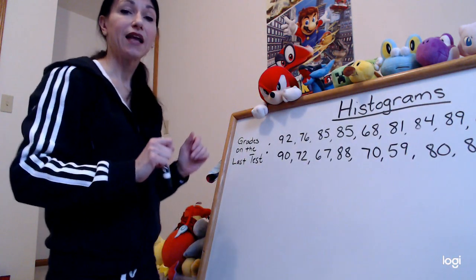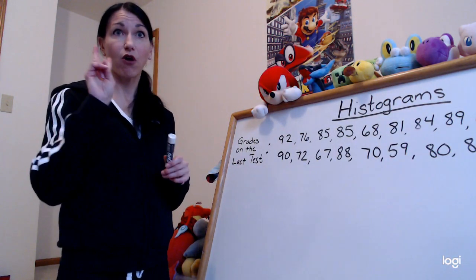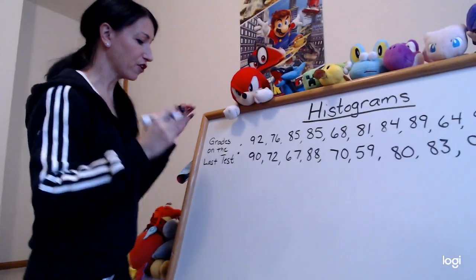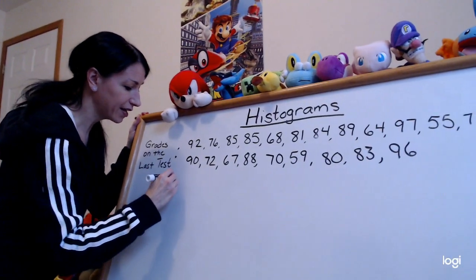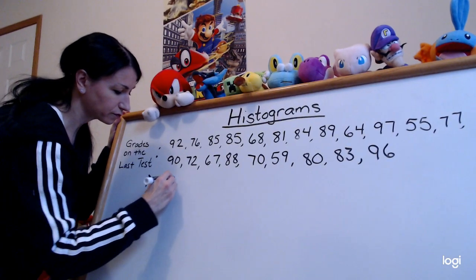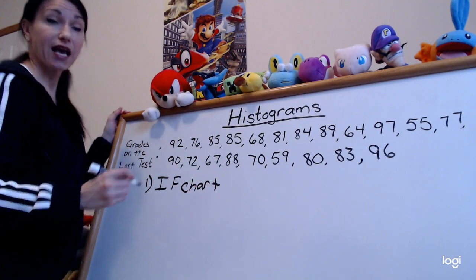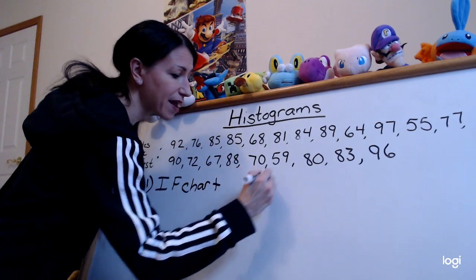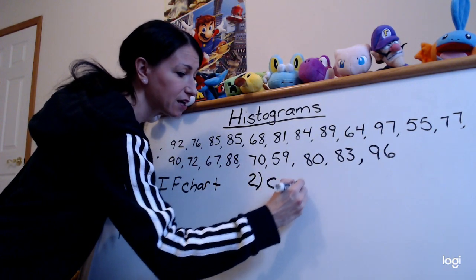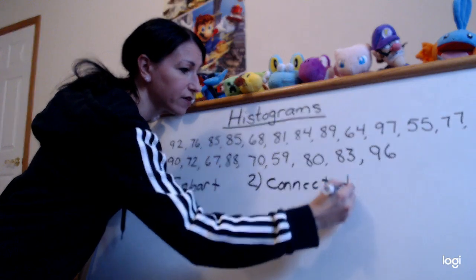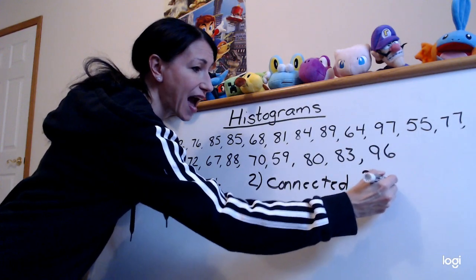All right. Now, to make a histogram, there are two parts. The first part, I call it an if chart. And the second part that we actually make is a connected bar graph. So the bars have to touch.